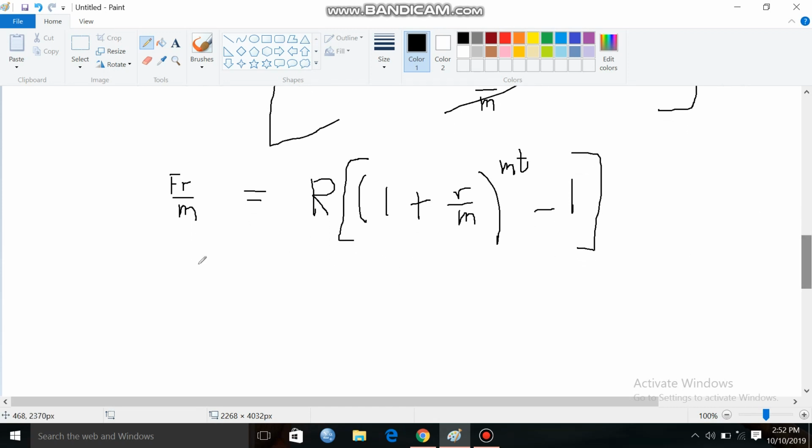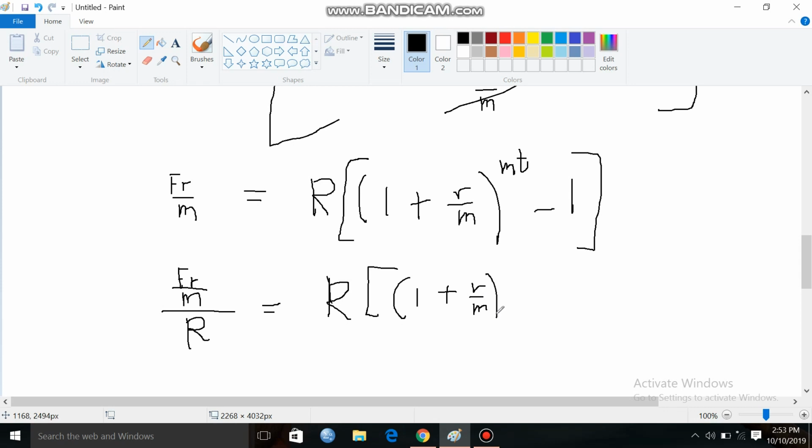To eliminate it, we divide both sides by the regular payment R.